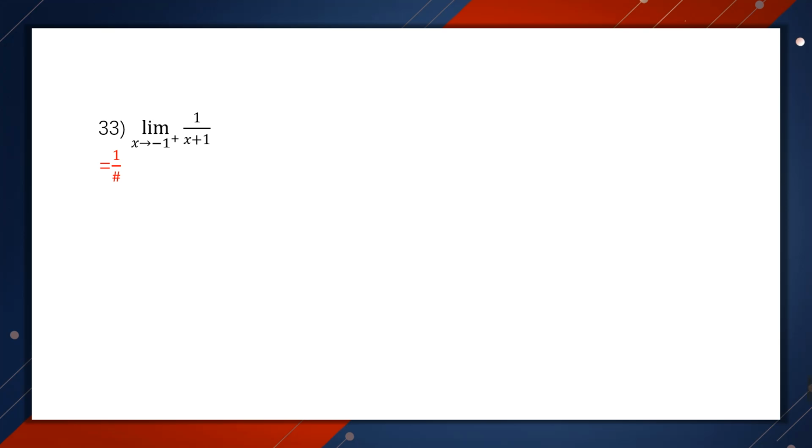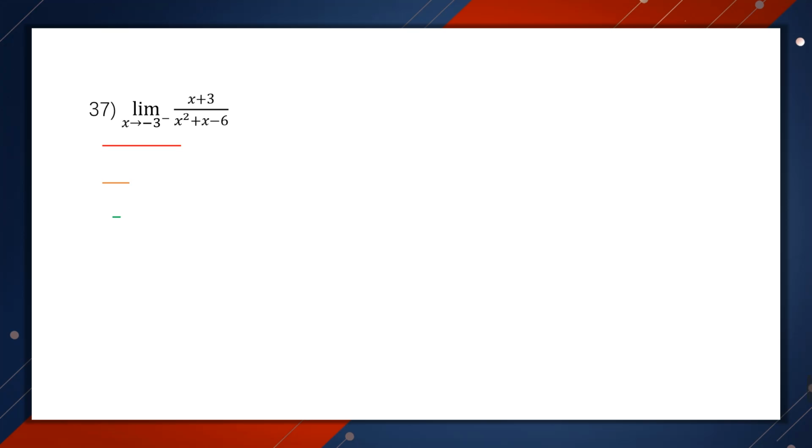So we can see that the value is 1 over infinitesimal, so the final result is positive infinity. Then the limit of x over x minus 2 as x approaches 2 from the right side, similar to the last question, the denominator approaches 0, so the final result is positive infinity.